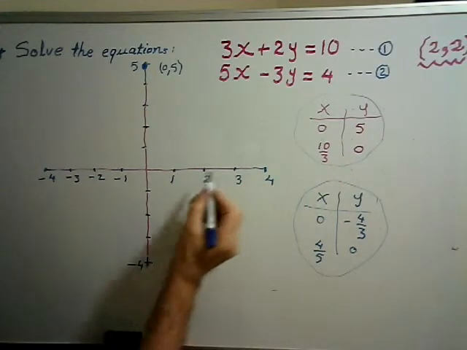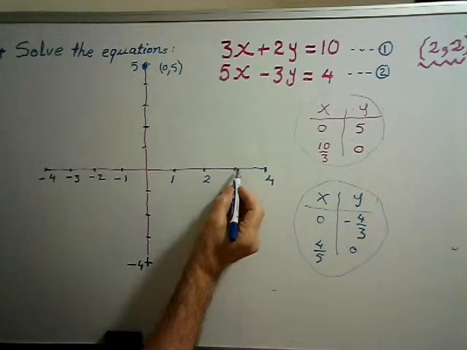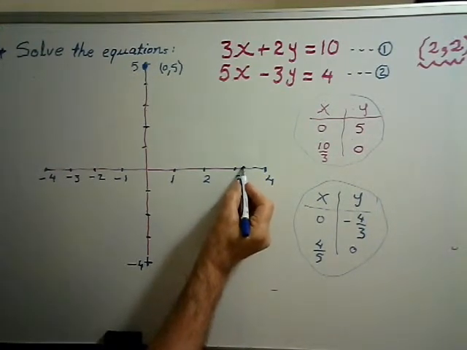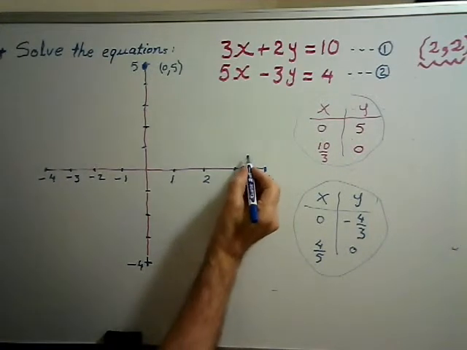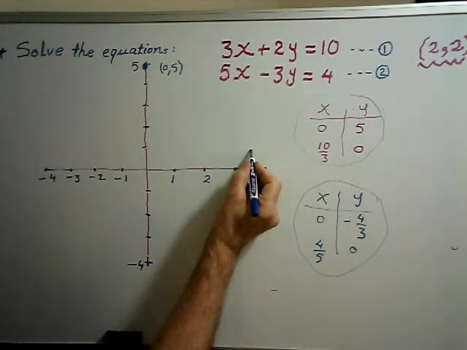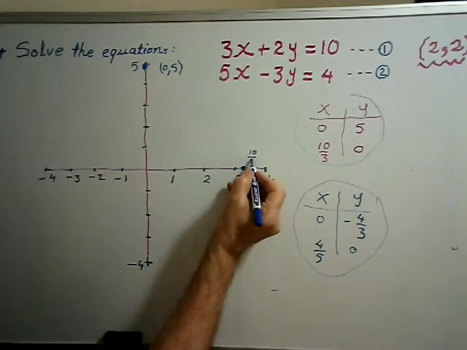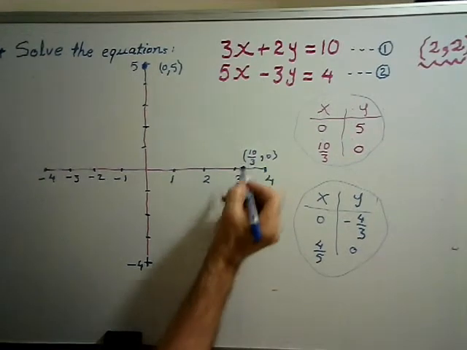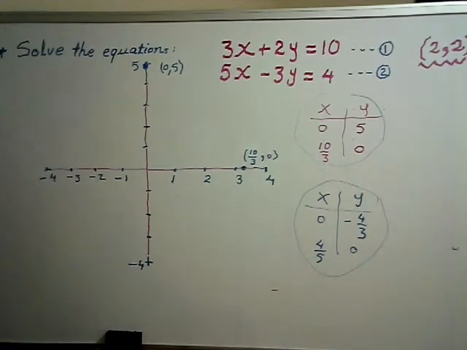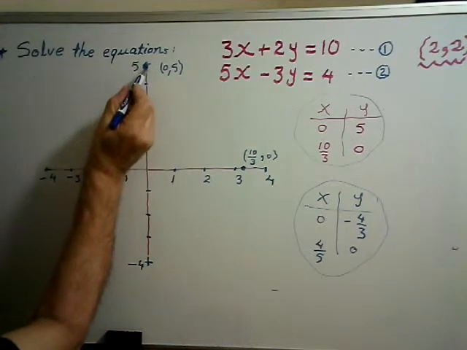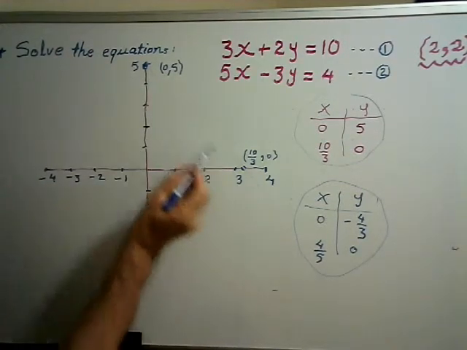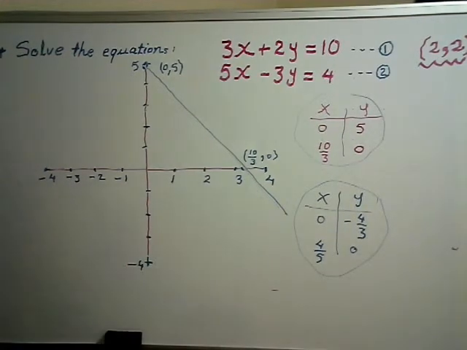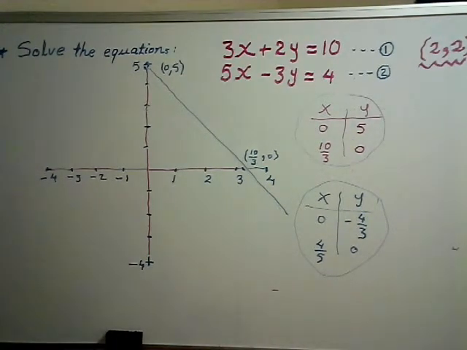Here is 3 and 1/3. So this point, 10 over 3 and 0. And we draw the line passing through these 2 points, this line. This is the first equation.